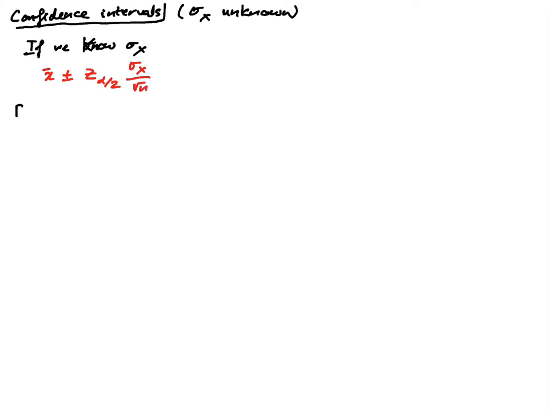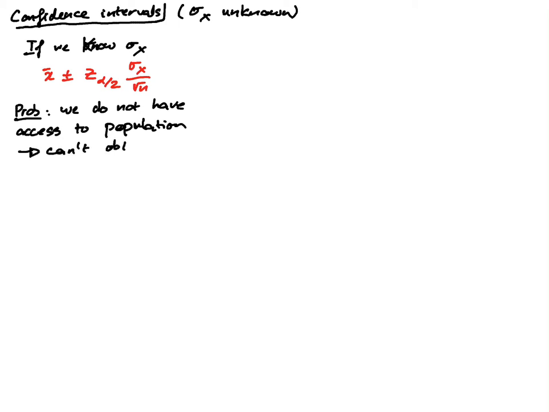Now the problem with this formula is that in most, if not all, applications, we do not have access to the population, so we can't obtain sigma x.